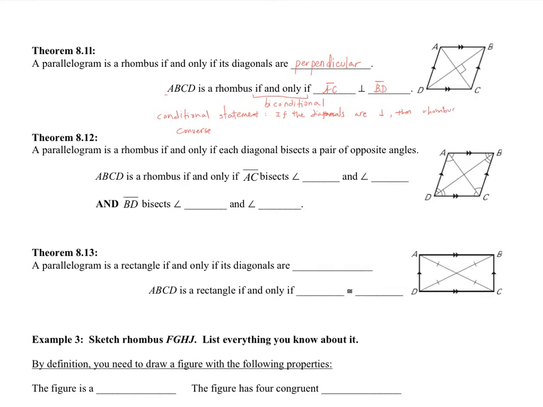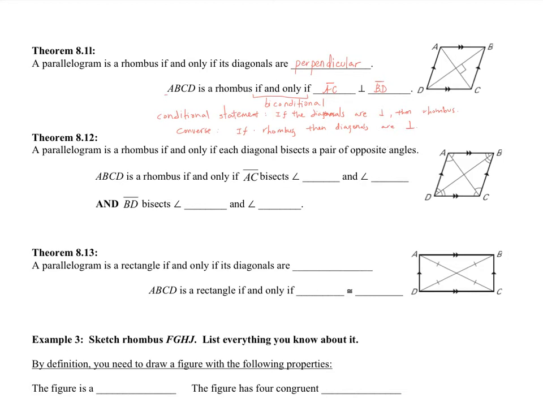Well, I'm not writing a complete sentence. And for the converse: if the parallelogram is a rhombus, then the diagonals are perpendicular.